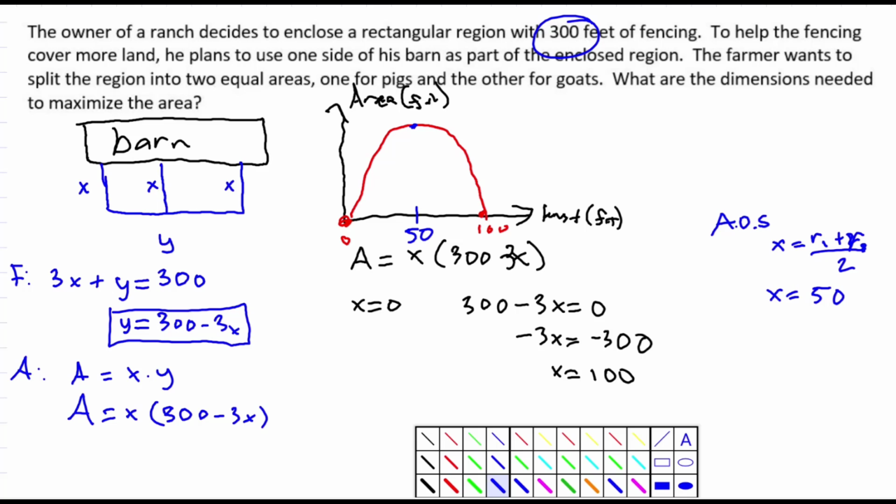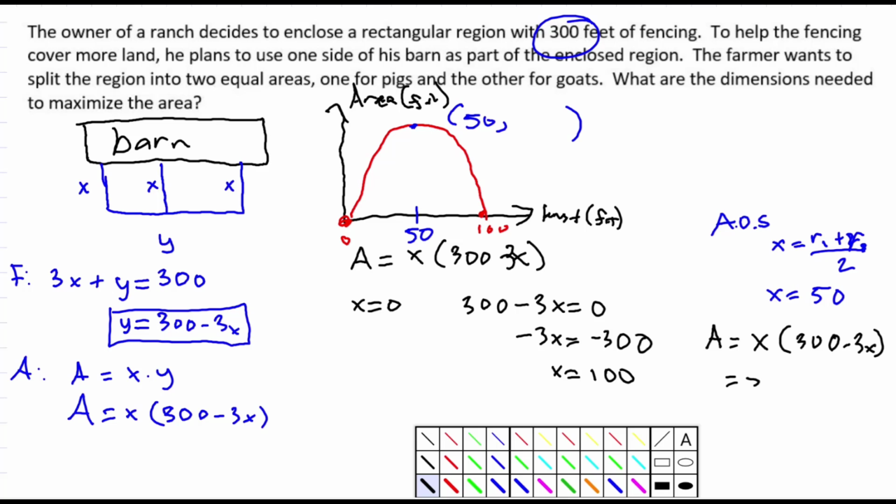Now, the vertex is going to be at 50 and some y value. And let's figure out what that y value is. Well, in order to do that, we'll need to grab that equation again, the area formula. So area is equal to x times 300 subtract 3x. Perfect. And we're going to substitute that 50 in.